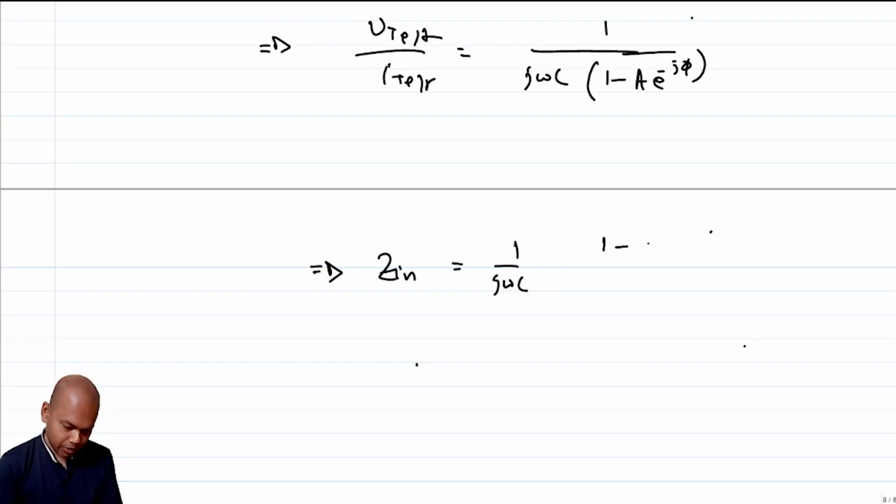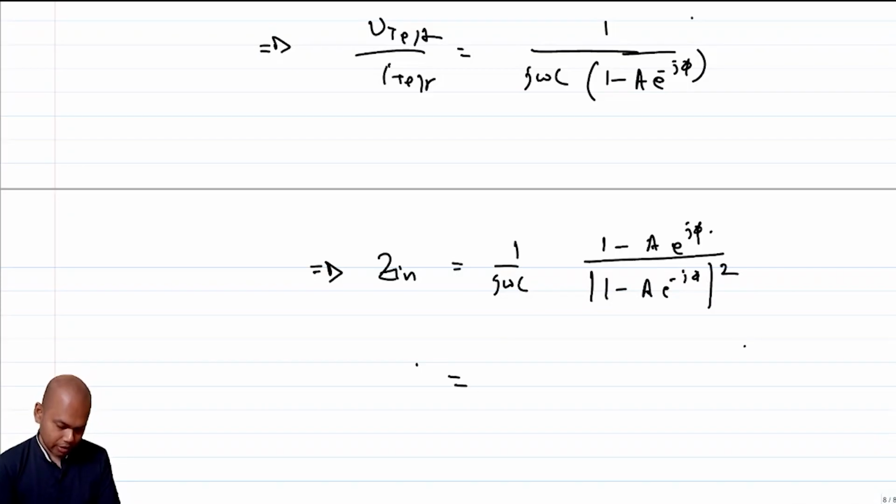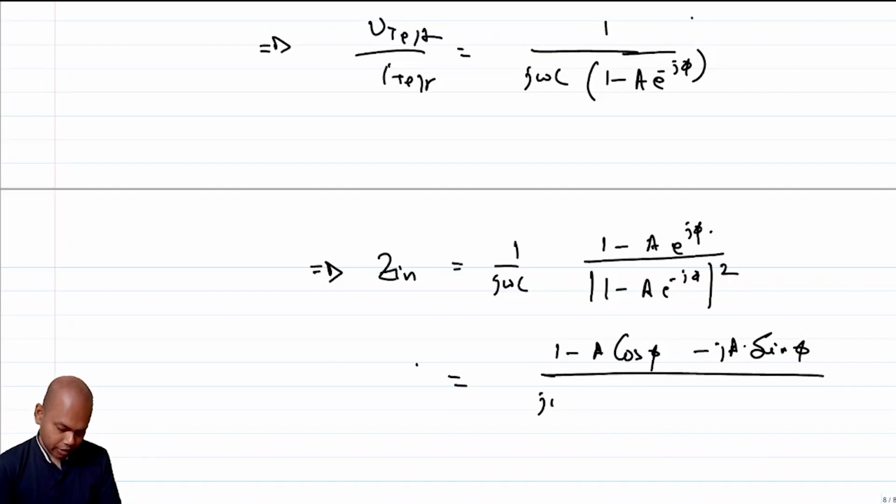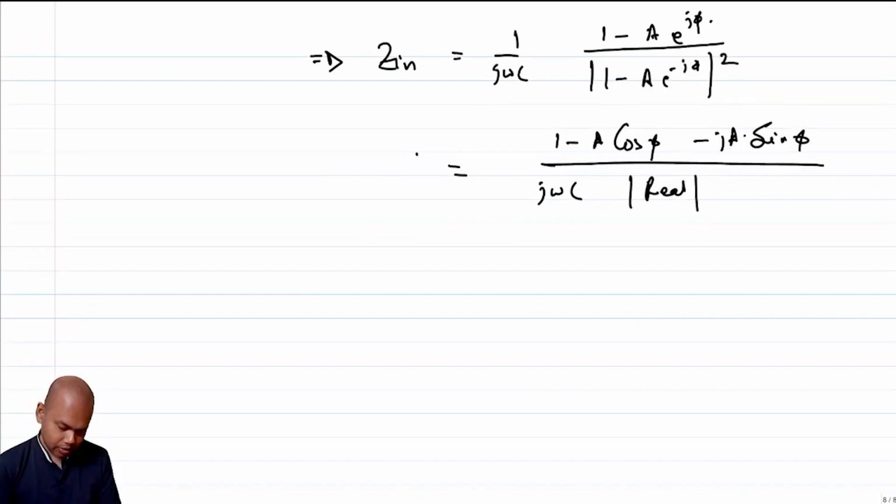So I get 1 minus A e to the power j phi by basically mod of 1 minus A e to the power minus j phi squared, and the numerator, if I split it up into real and imaginary, I get 1 minus A cos phi minus A sin phi by j omega C some real, right?